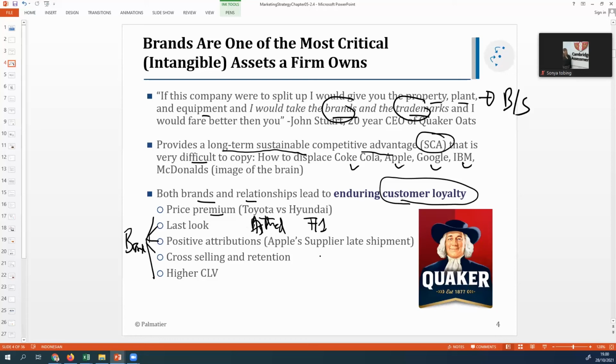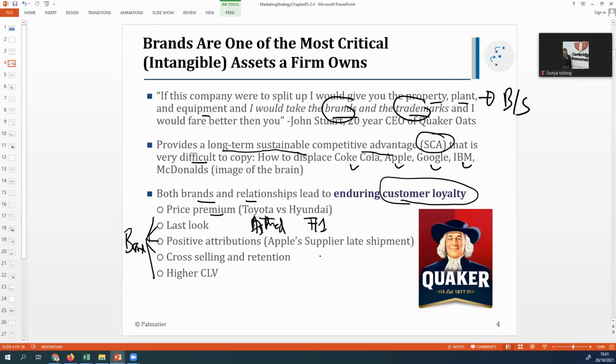Due to the positive attributes of Apple, the one that is blamed is not Apple, but the supplier that had the late shipment to Apple. Because Apple has a positive attribute, the mistake is not blamed on Apple. The third party will be blamed for the problem.